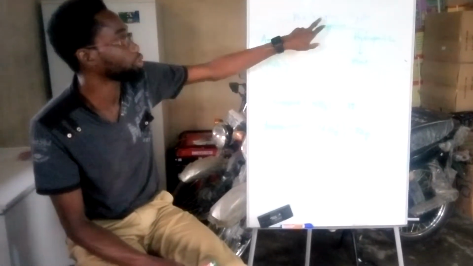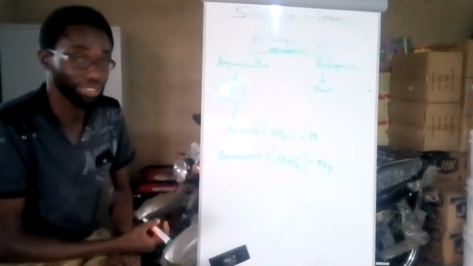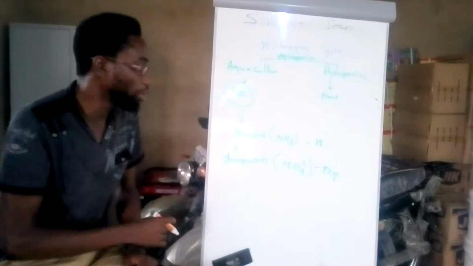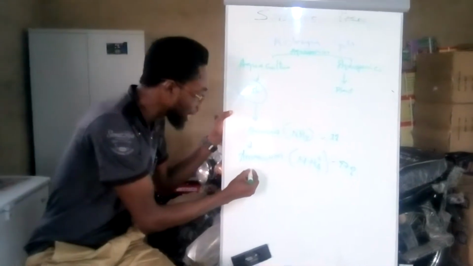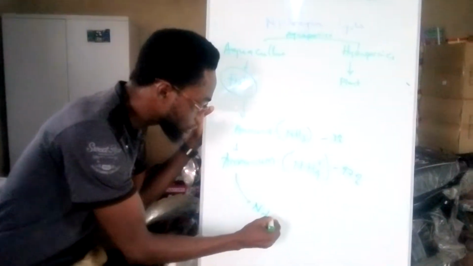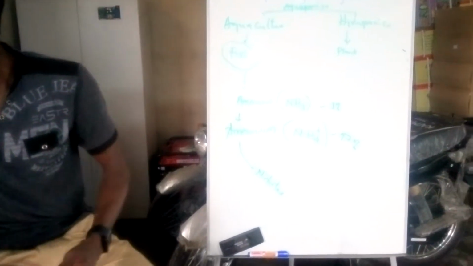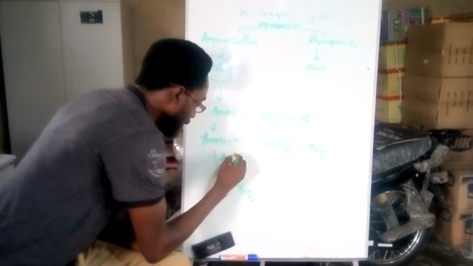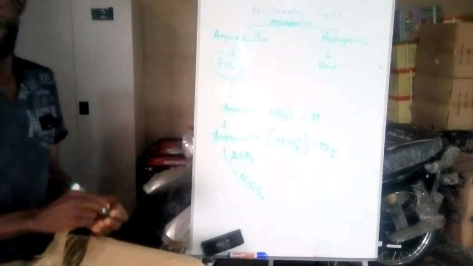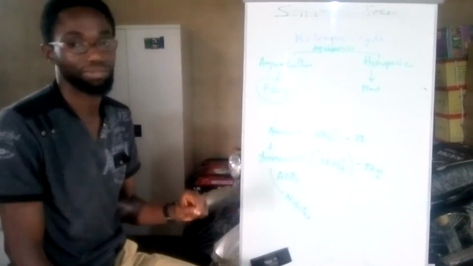Remember, we are discussing the nitrogen cycle. So the cycle starts first from the fish giving us ammonia. Ammonia becomes ammonium. There is no enzyme or anything taking place here. Then this ammonium is now converted to nitrites by what we call a bacteria, AOB, ammonium oxidizing bacteria.